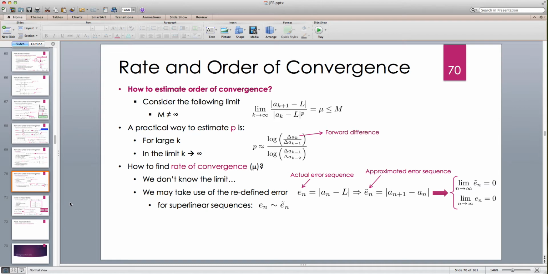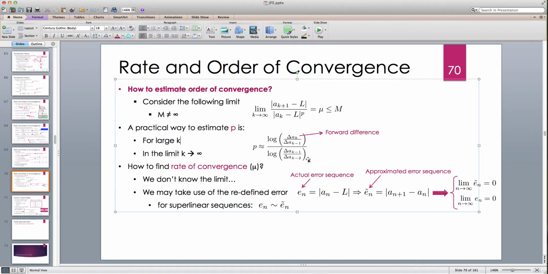Now, how to estimate order of convergence, this p term? One practical way of estimating p is, for large k, you can construct this sequence: log of delta a_k divided by delta a_{k-1}, all of this divided by log of delta a_{k-1} divided by delta a_{k-2}. Delta is the forward difference, right?